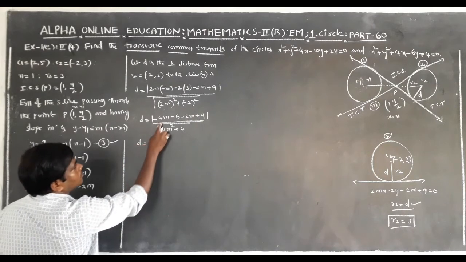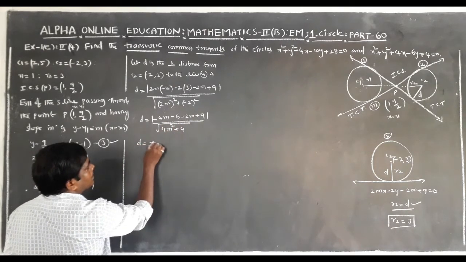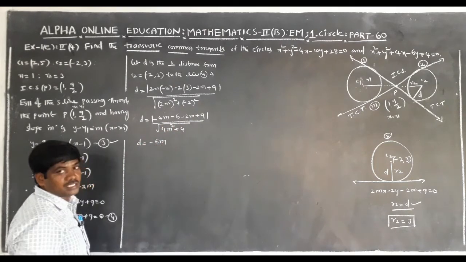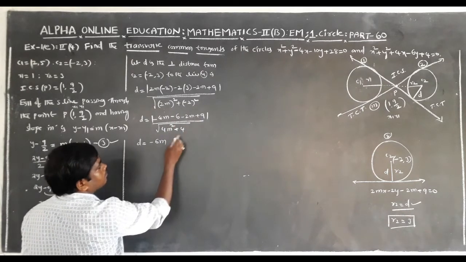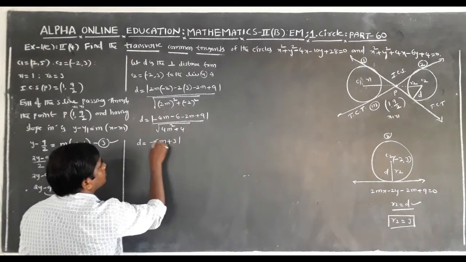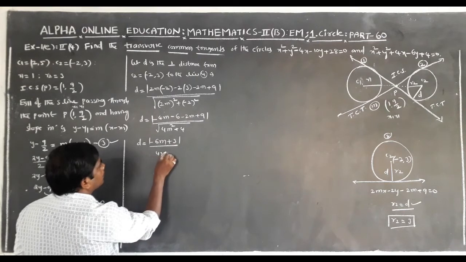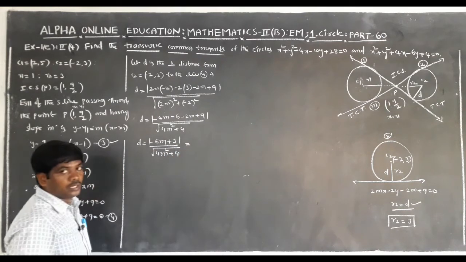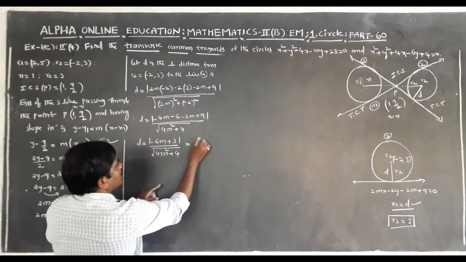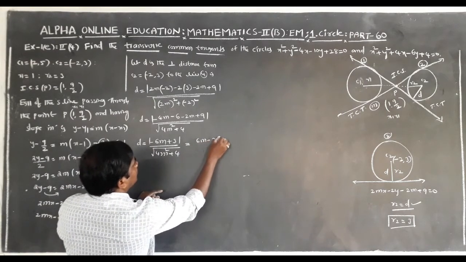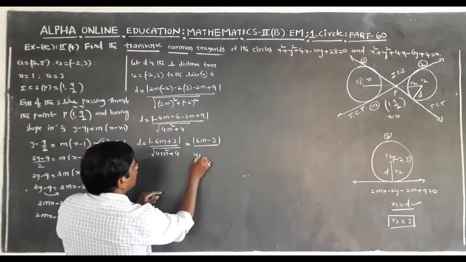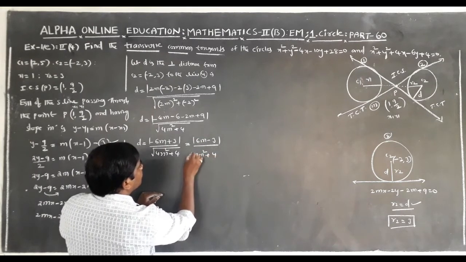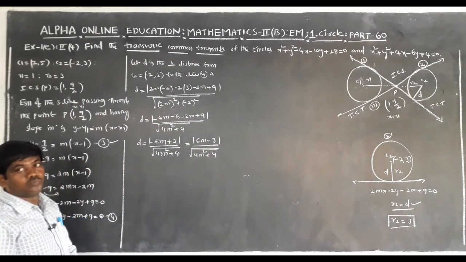D is equal to minus 4m minus 2m, minus 6m, minus 6 plus 9, plus 3, by the square root of 4m square plus 4. Taking common, minus 6m minus 3 by the square root of 4m square plus 4.